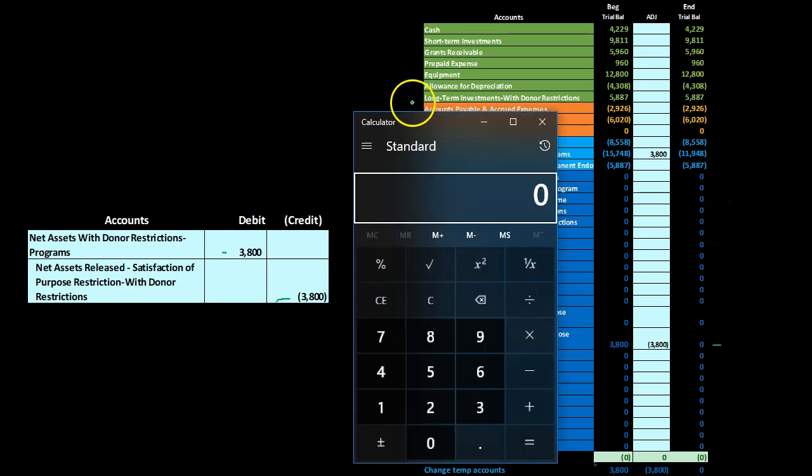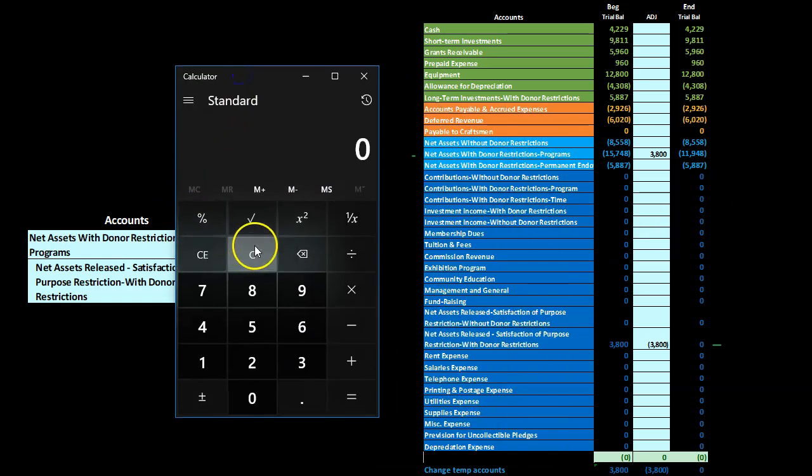If we consider the assets and liabilities, if we add up the 4229 plus the 9811 plus the 5960 plus the 960 plus the 12800 minus the 4308 plus the 5887, minus the liabilities of the 2926 minus the 6020, it adds up to 26,393. That should be equivalent to the equity.